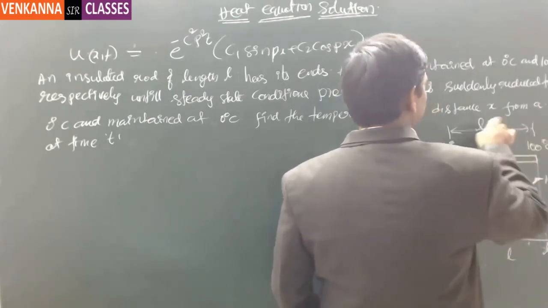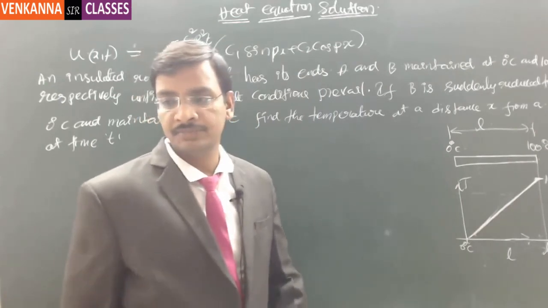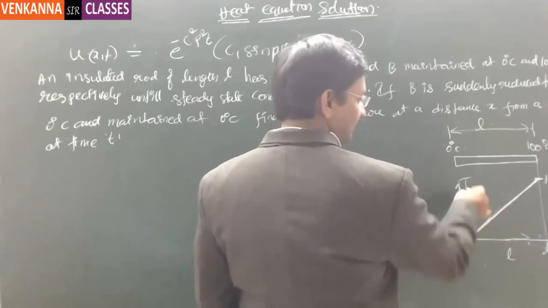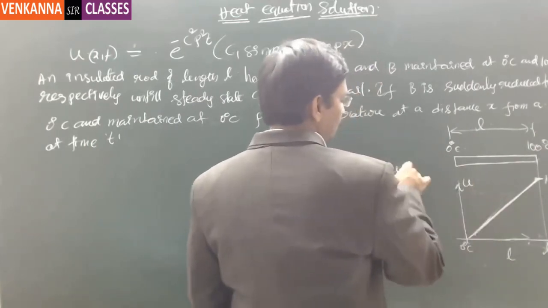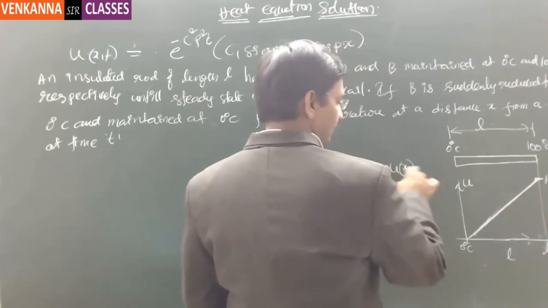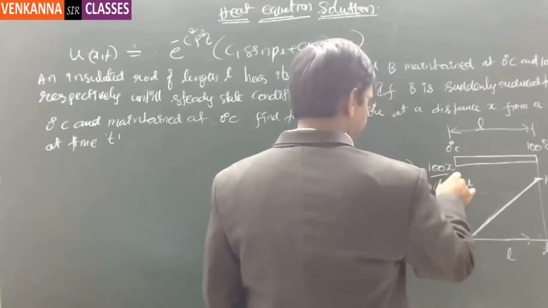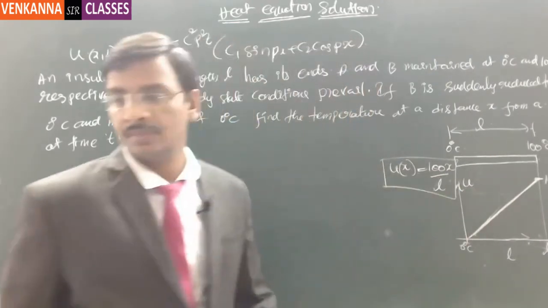Now, what is the steady state distribution at any displacement x? Let us say this is the temperature, or actually I call this as u. Then u of x is given by 100x by L. Correct or not?